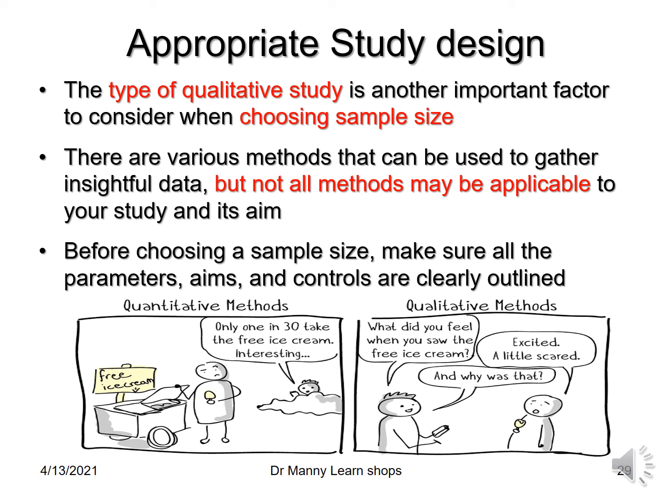So before choosing a sample size, make sure that you're really clear about your research design, your approach, your methodology, and this will involve your parameters, your aims, and the controls which are clearly outlined by you as the researcher.